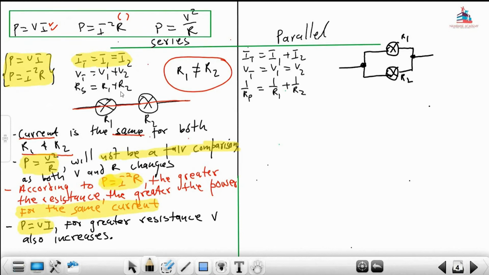Now, current is not the same for both R1 and R2.